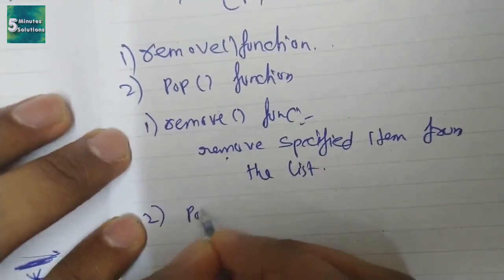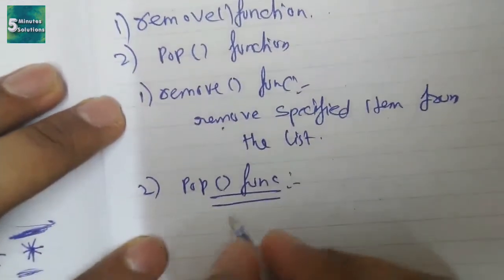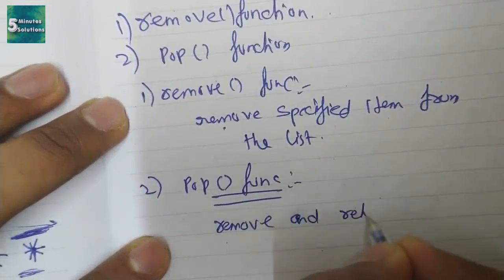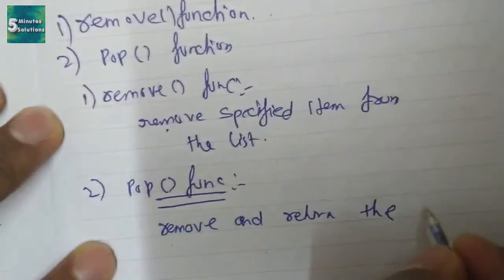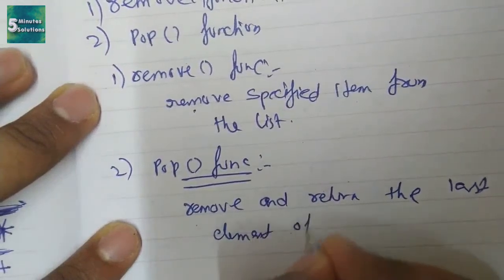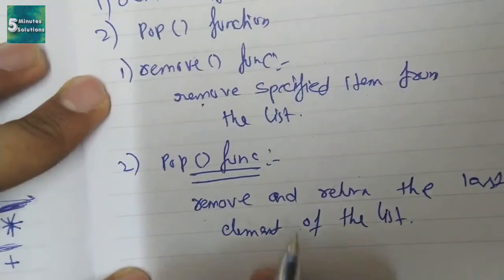And the pop function is used to remove and return the last element of the list.